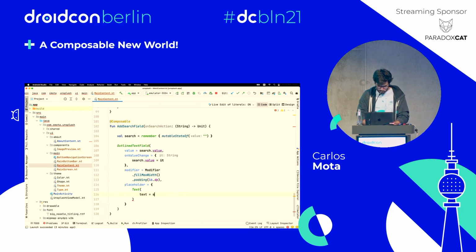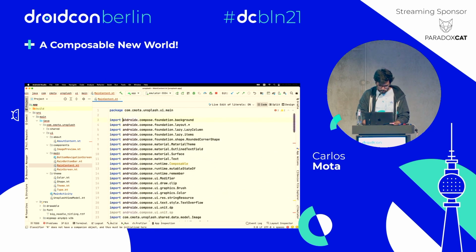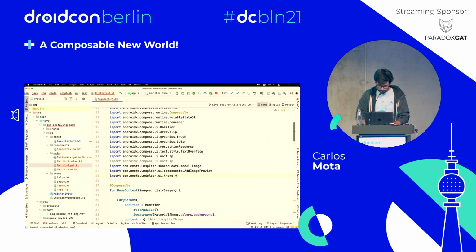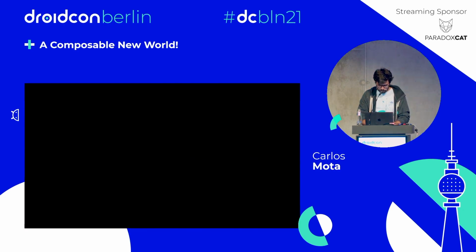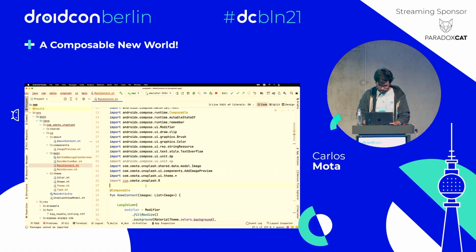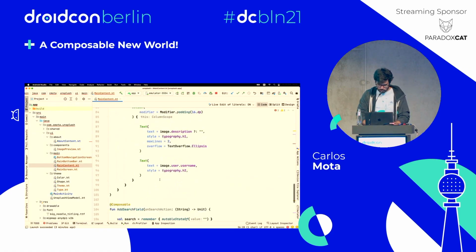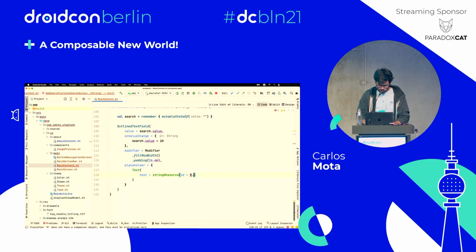We're going to use a string resource. And I'm just going to manually import the R file. I've just imported the R file, and I'm just going to add it here, so R.string.hint.